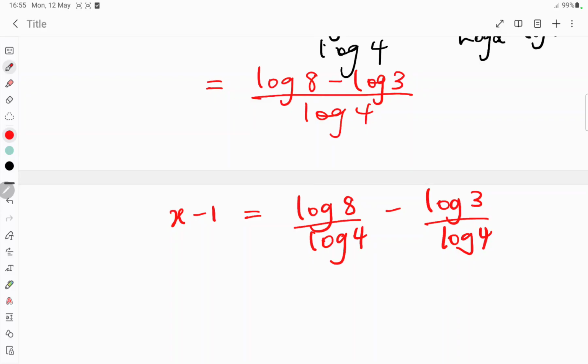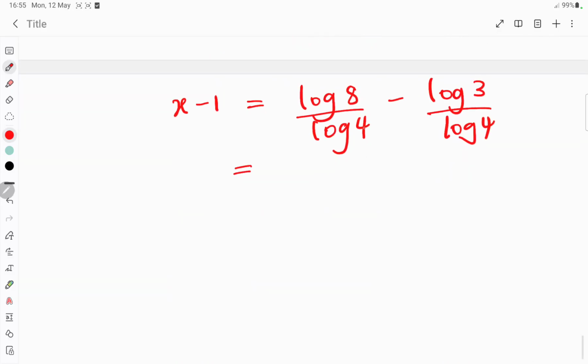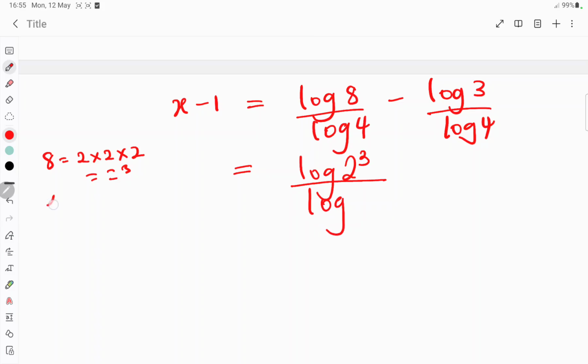On getting this, you can see that 8 can be seen as 2 times 2 times 2, that's 2 power 3. So we'll have log 2 power 3 divided by log 4, and 4 can be seen as 2 times 2, which is 2 squared.